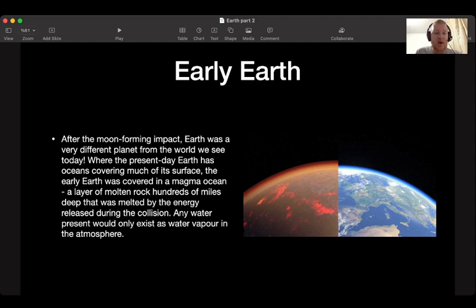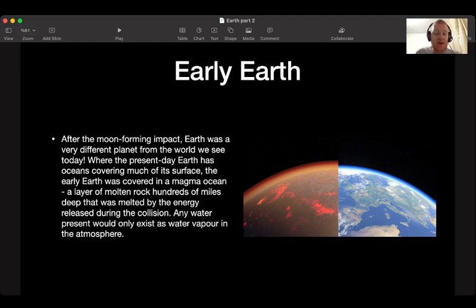After the Moon-forming impact, Earth was a very different planet from the world we see today, where the present-day Earth has oceans covering much of its surface. The early Earth was covered in a magma ocean, a layer of molten rock hundreds of miles deep that was melted by the energy released during the collision.